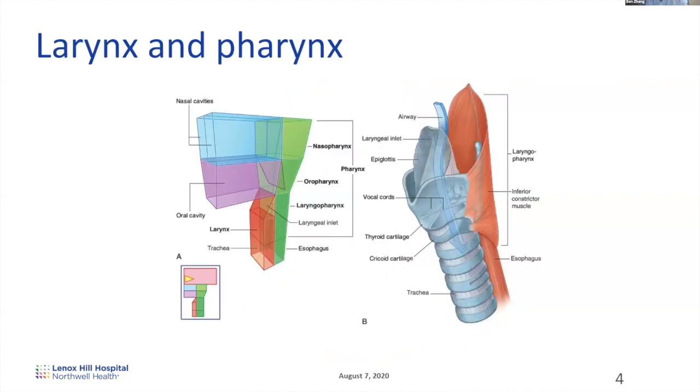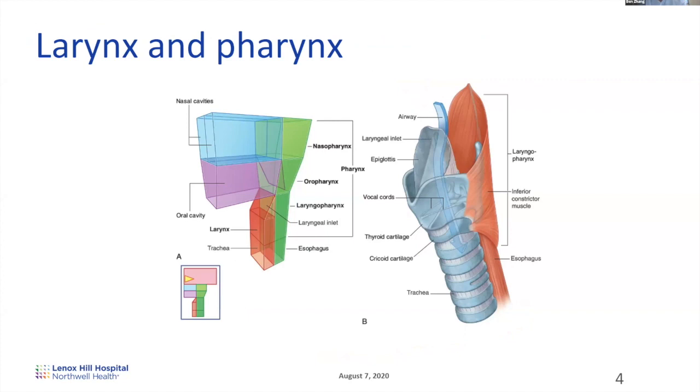So to begin, let's start from the bottom up with the neck. With the neck, you can see on the inside it's divided into several functional compartments.